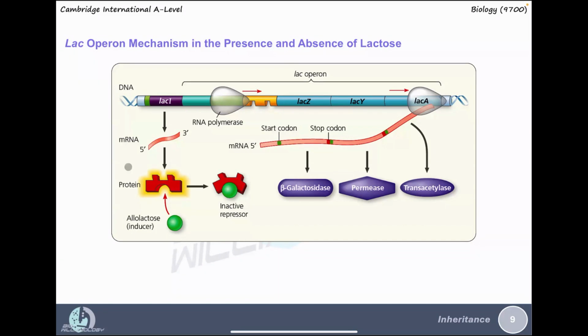So therefore, the operon is switched on. However, in the absence of lactose, there is no point for the bacteria to transcribe these three structural genes because there is no necessity to produce the enzyme to metabolize lactose.